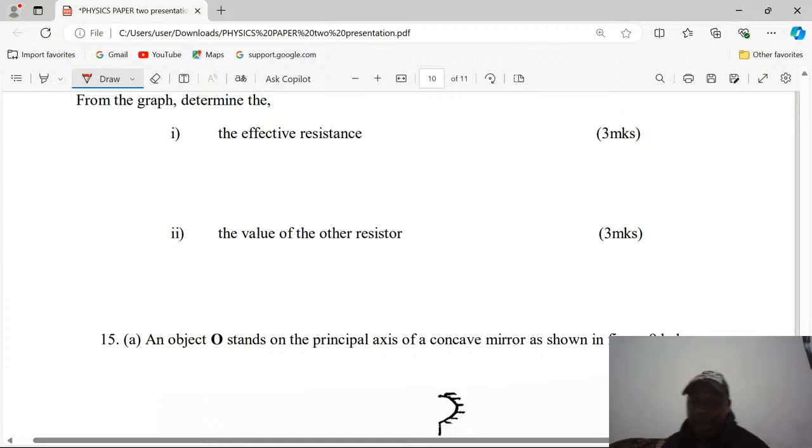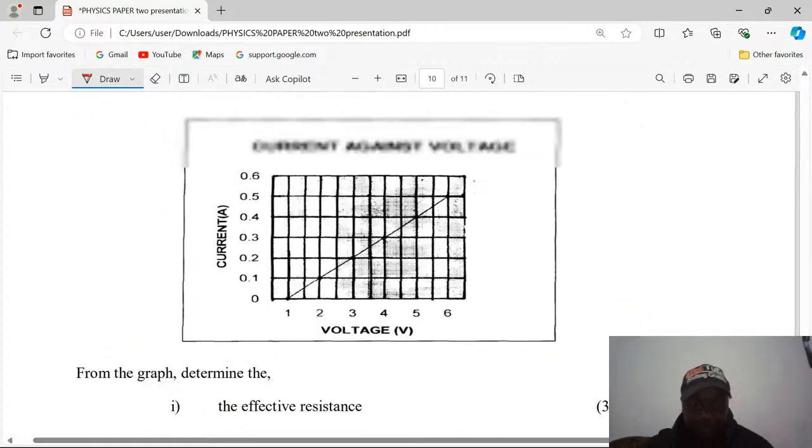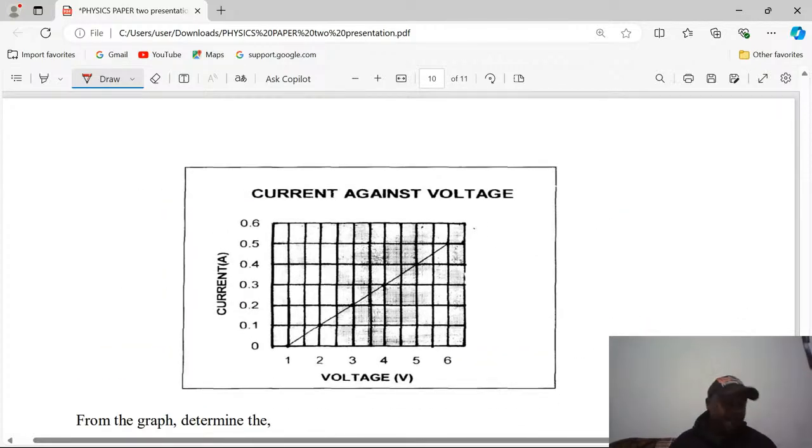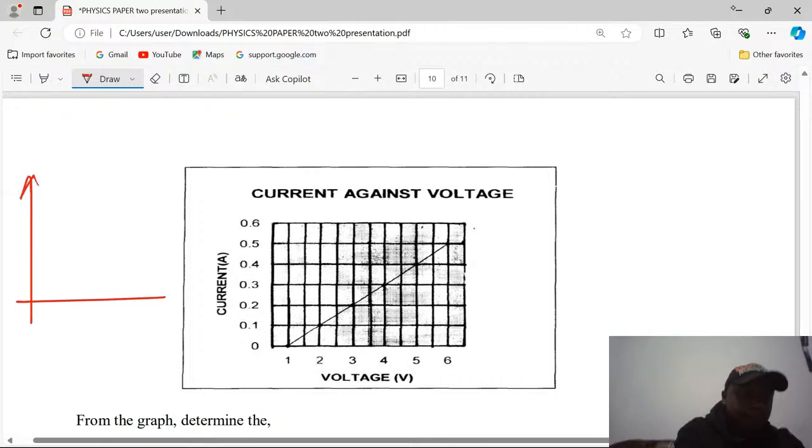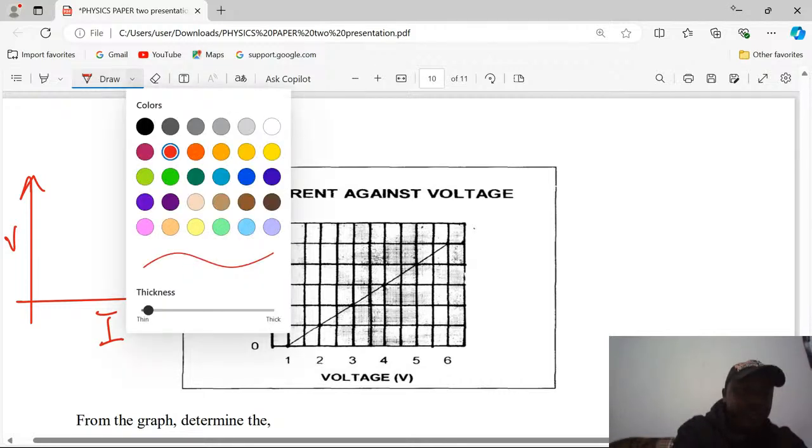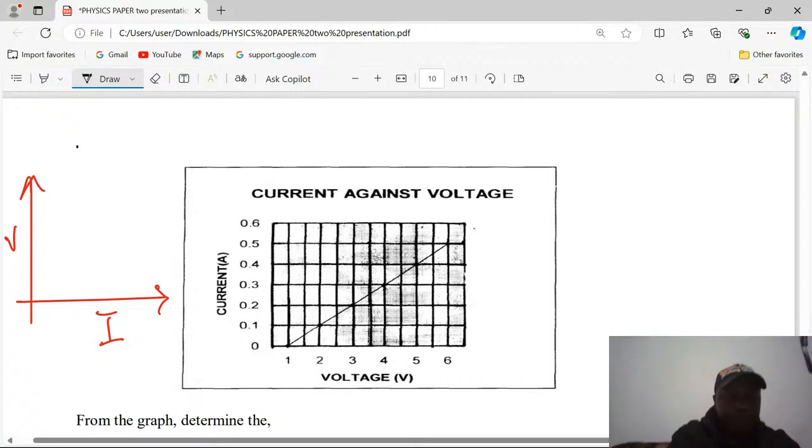What we are supposed to know here is that the graph is of current against voltage. But you should remember carefully that when we have a graph of voltage against current, we get a straight line through the origin, and the slope gives us resistance.